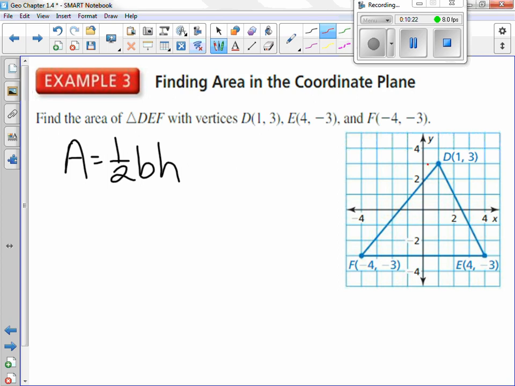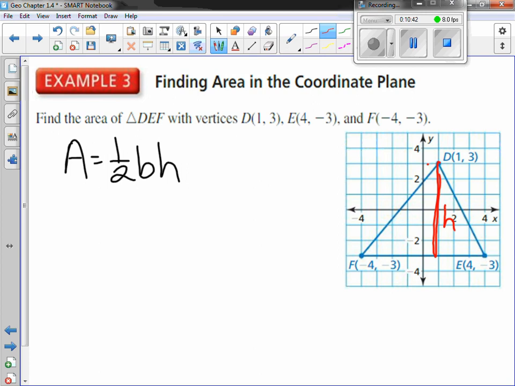But what I can do is take this point here and drop a line straight down to the other side. Y'all see that there? And that right there, that T, because it is a coordinate plane, will make a right angle, just because it is a coordinate plane. So this right here is our height.